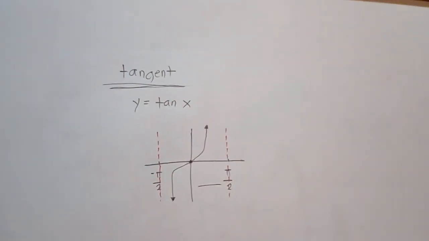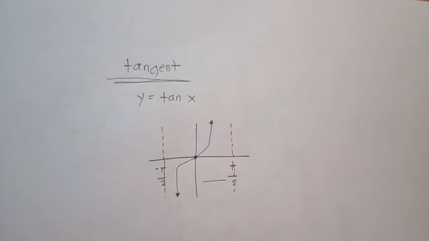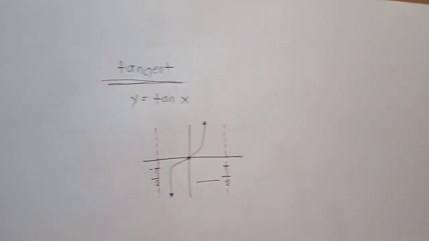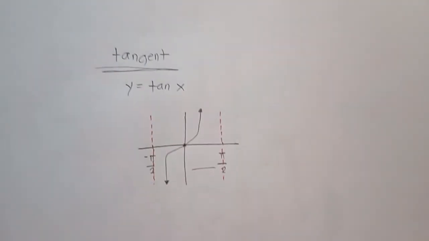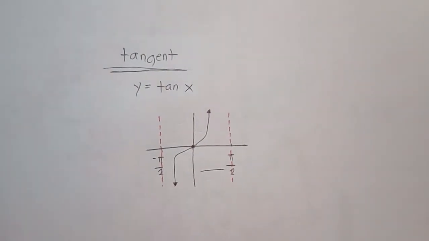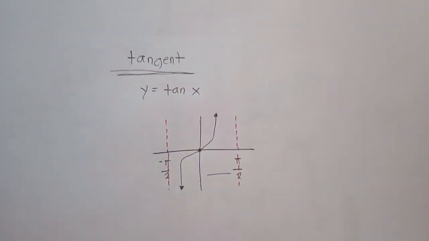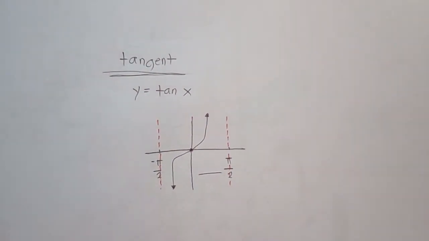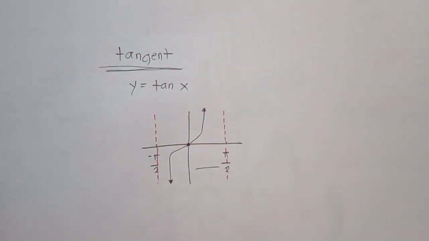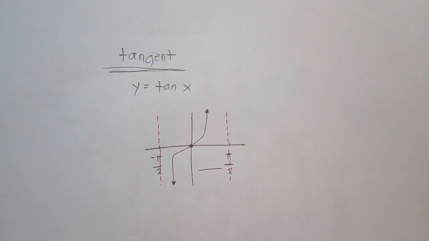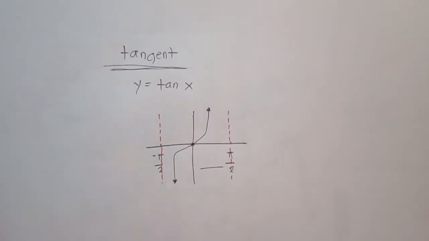Now, tangent and cotangent differ from sine and cosine in the period equation. For sine and cosine, the period is 2 pi over b, but for tangent and cotangent, the period is pi over b. B is still the number in front of x. So B is 1. The period for tangent is equal to the distance between the two vertical asymptotes.